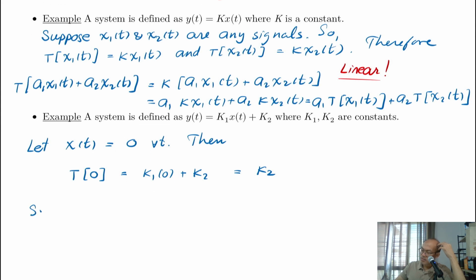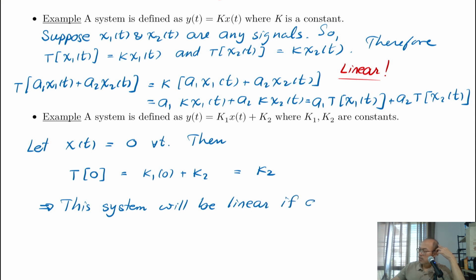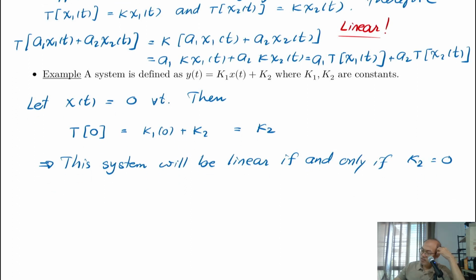So this system would be linear if k2 is 0. So this system will be linear if and only if k2 is 0.